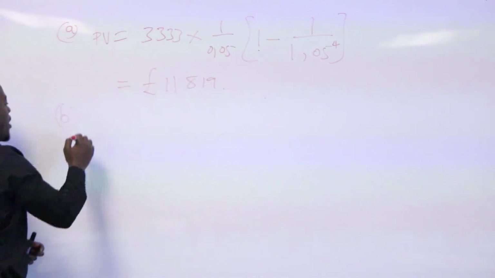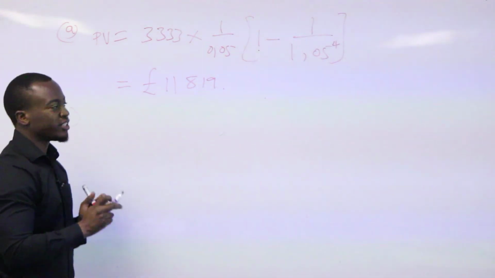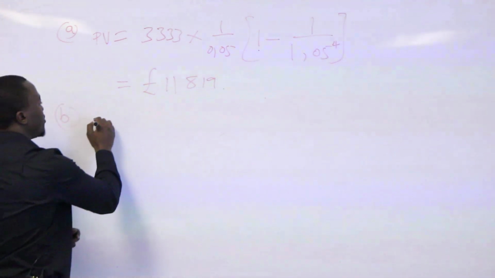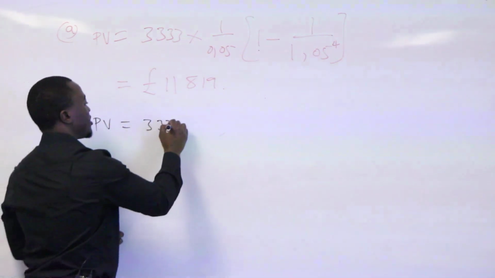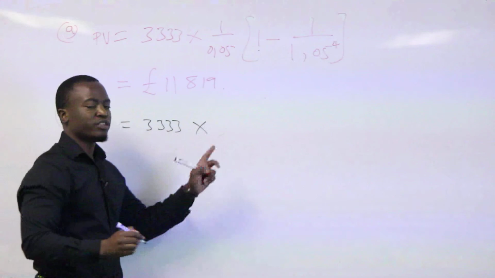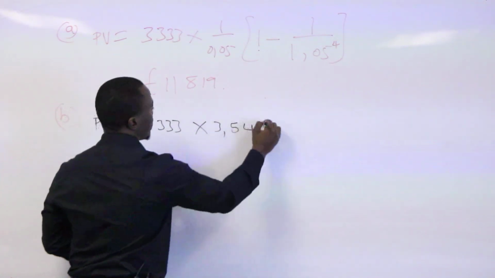Then part B is asking us to use tables. For using tables, our present value is going to be that 3,333 multiplied by the annuity factor that we're going to get from the table. So we go to 5%, go down and look at the value under 4 years and 5%, and you're going to get 3.546.